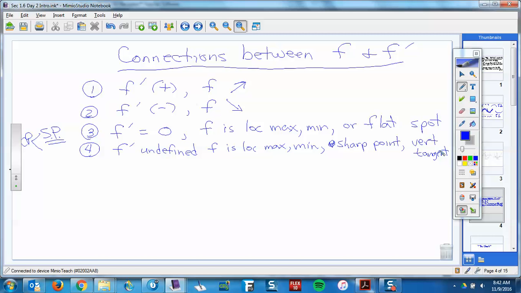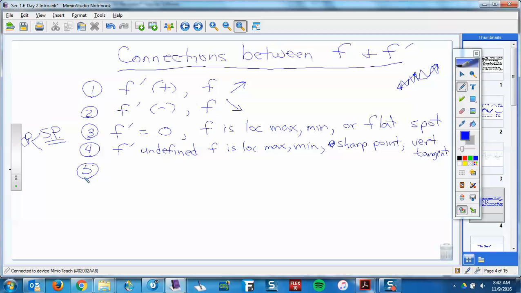But it could be a V, so it could be a local max or local min, and it wouldn't even have to be a V. It could come in like this, and then, like I said, it could curve, like that. So that'd still be a local max, local min, right? But I wouldn't call it a flat spot, right? So it could be a local max, local min, could be a sharp point, could be a vertical tangent, right? Different things. All right. 5.